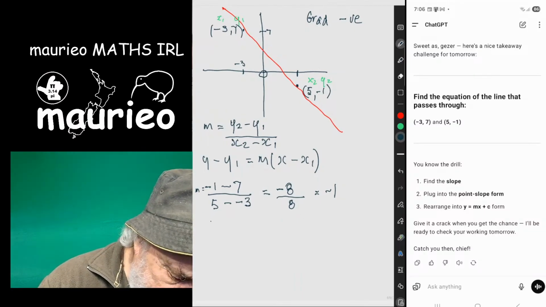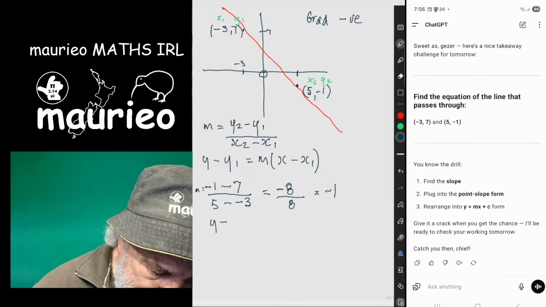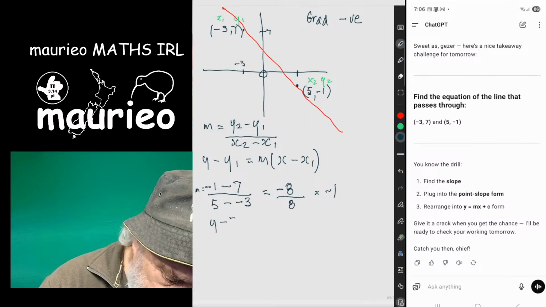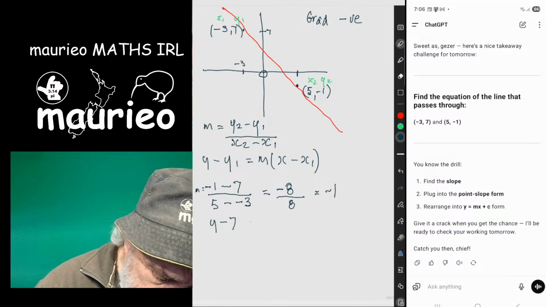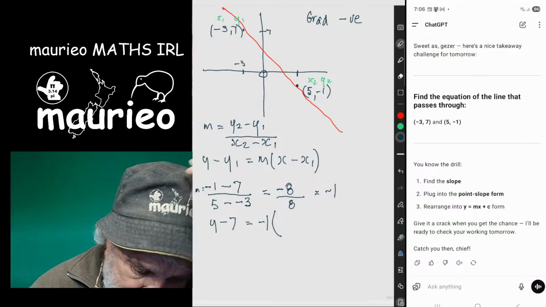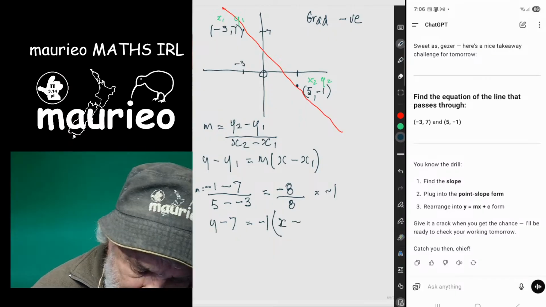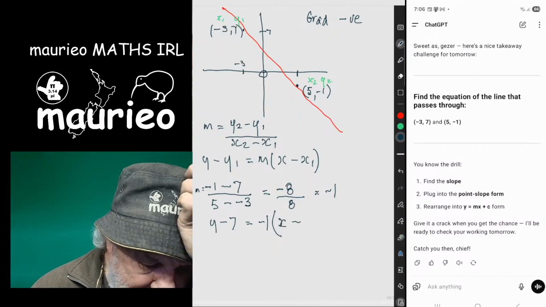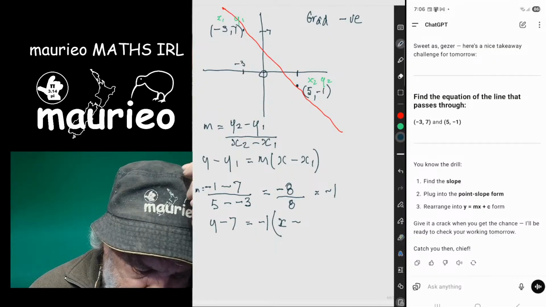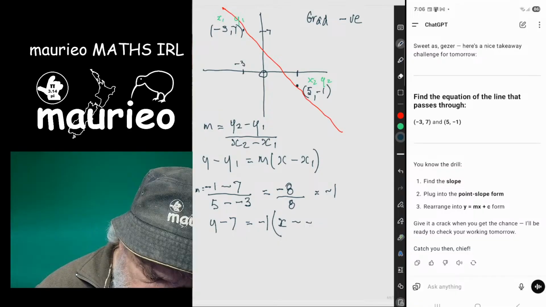So we've got y minus y1, which is 7, equals -1 m, and then we've got x minus x1, which is -3.